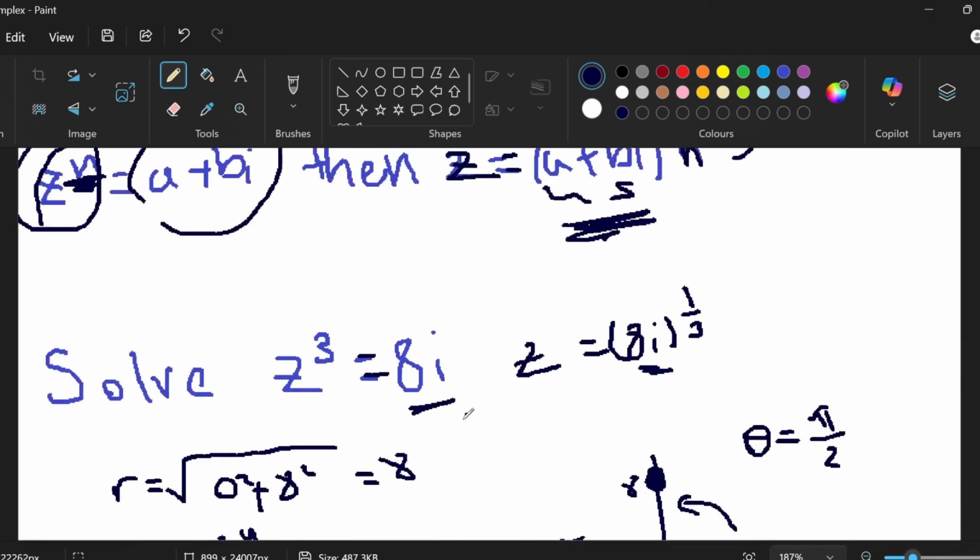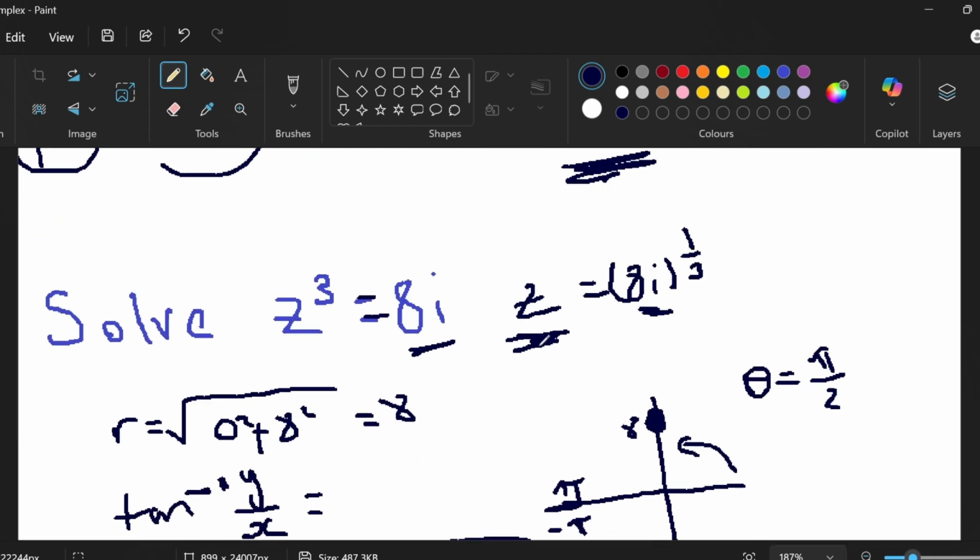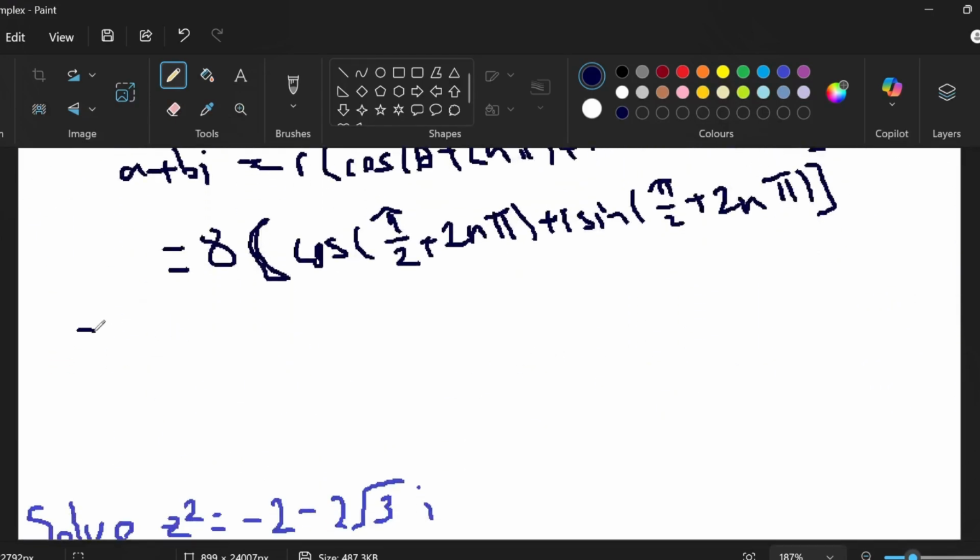And now I'm going to try and use de Moivre's theorem to find z. So I'm going to write that z is equal to 8 to the power of 1/3 times all of this to the power of 1/3.